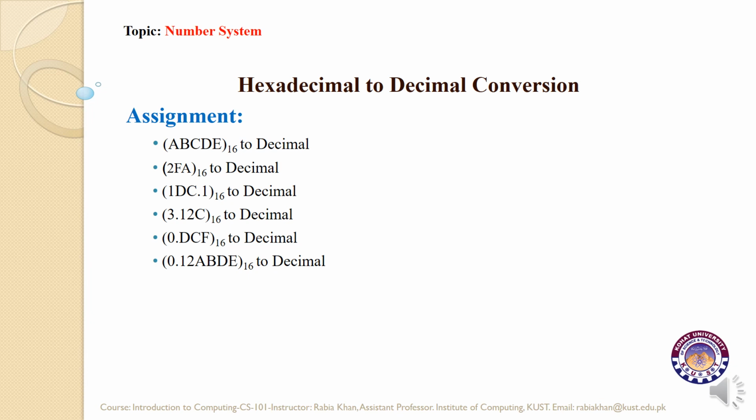The multiplication process for the integer part will move from right to left, while for the fractional part, it will move from left to right. Or simply, you can keep in mind, whenever you are given a number having a decimal point, you need to start the multiplication process right from the decimal point. So one side will lead you towards the left and the other side towards the right.